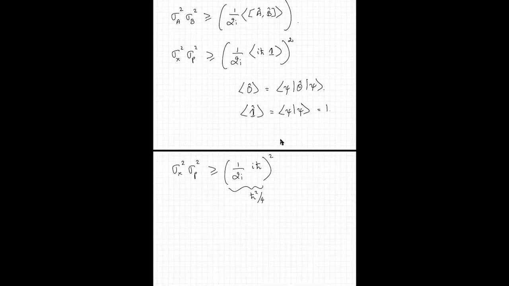Because the left hand side is an error in measurement, so it cannot have any complex quantity. Taking this positive square root, we find that the product of the uncertainties in the measurement of position and momentum has to be greater than or equal to ħ over 2. Okay? So this is Heisenberg's famous uncertainty relation as applied to the x and p operators.